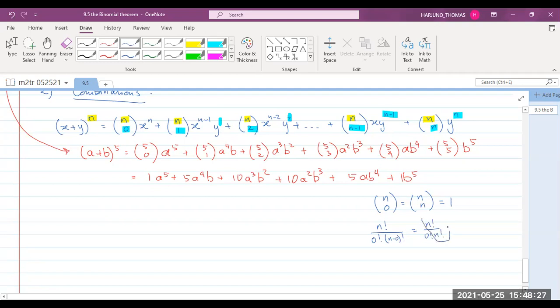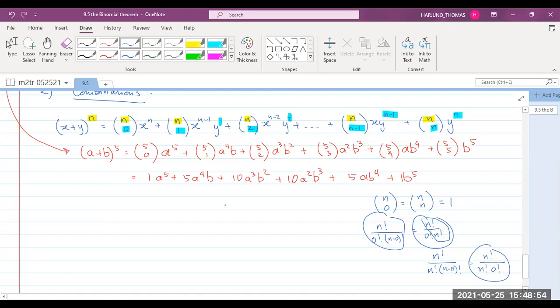N factorial cancels, right? And 0 factorial is defined to be 1. Now, n combination n is n factorial over n factorial, n minus n factorial, which is n factorial over n factorial 0 factorial, which is the same as this, right? Do you notice that? It's the same.